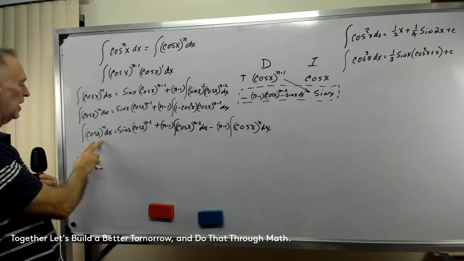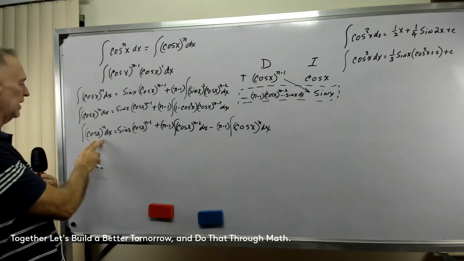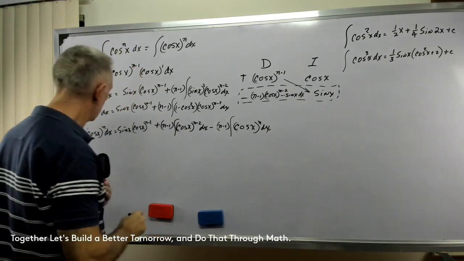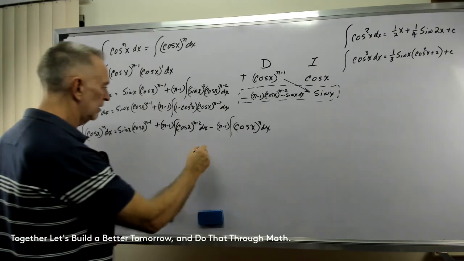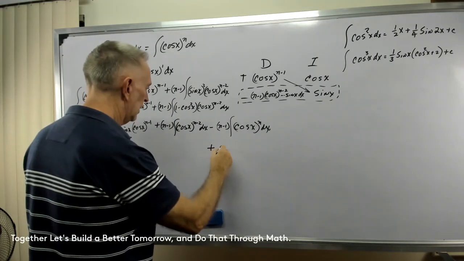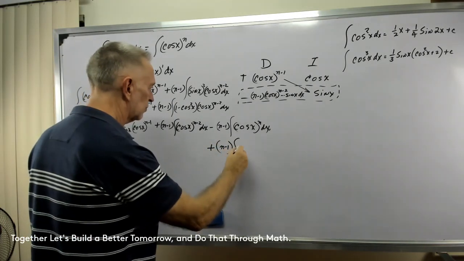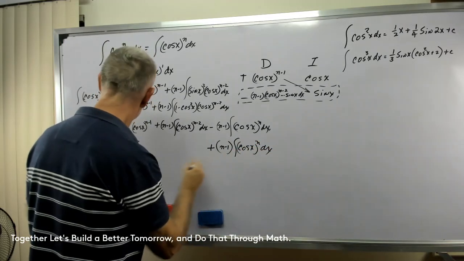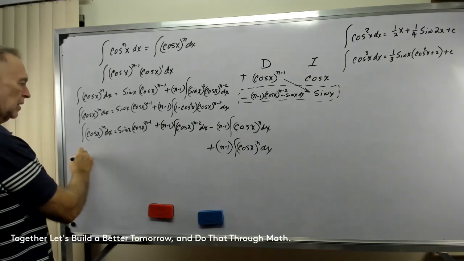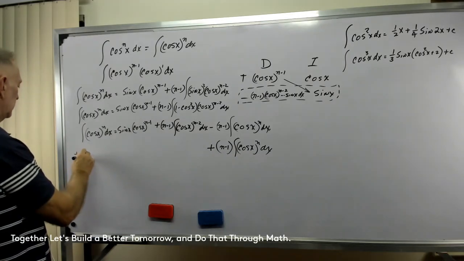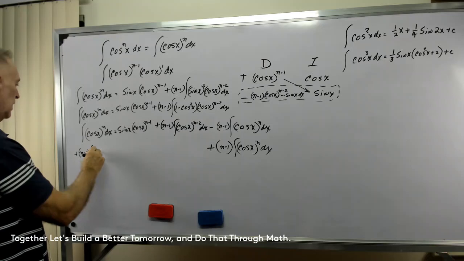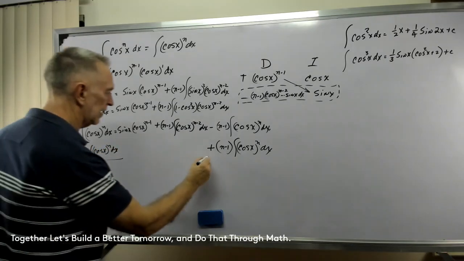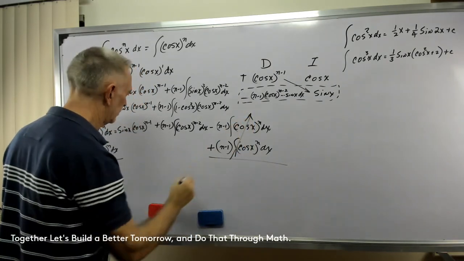So I have the integral of cosine x to the n here, and I have another one over here. Well, why don't I just add n minus 1 times the integral of cosine x to the n dx to both sides. These cancel.